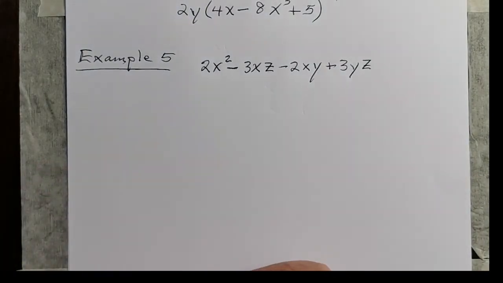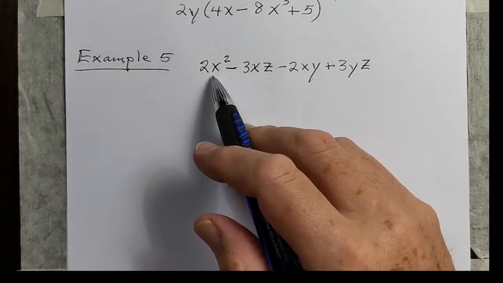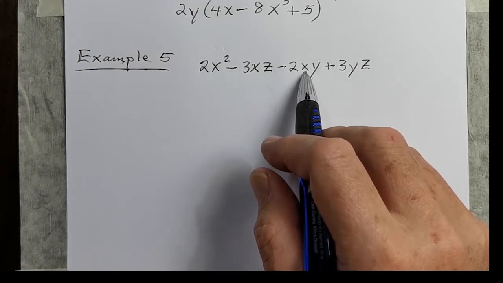Okay. So here we have a polynomial with 4 terms. And we look at this and we say, well, what goes with what? Can we use factoring by grouping here to bring this into the product of 2 binomials, perhaps? Let's see. So we notice there's an x here and an x here.